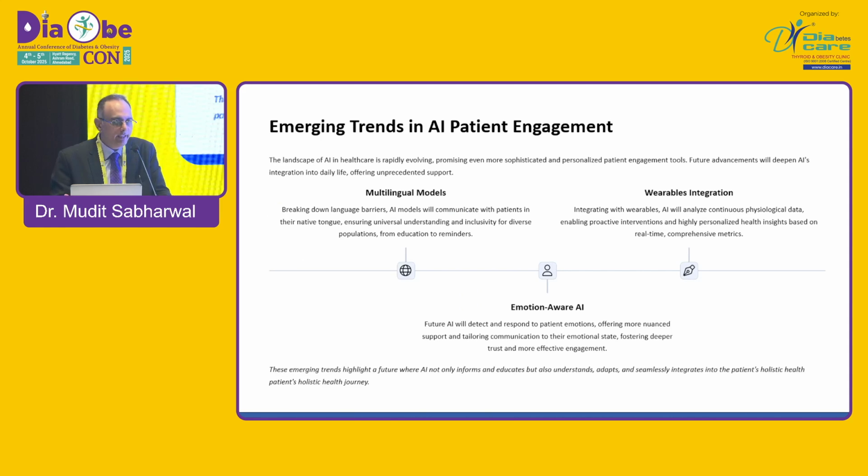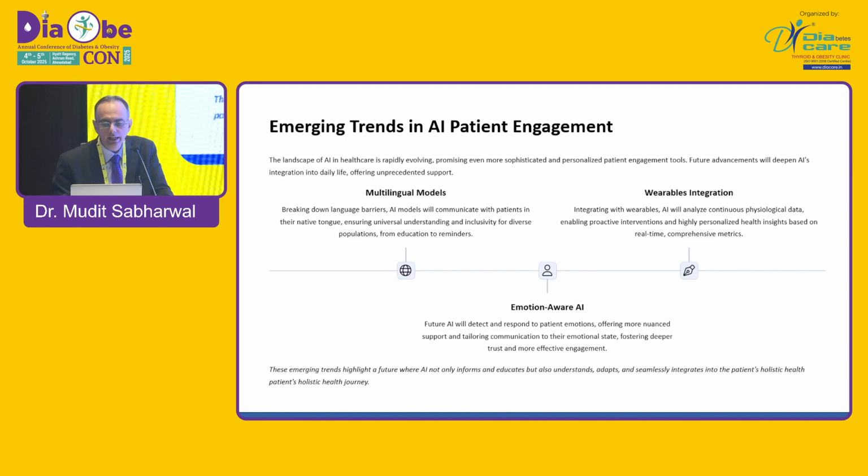Now there are some emerging trends. So of course there are multilingual models. Some of them are already there, and some of them are developing into better ones, which can talk in the native tongue of the patient, making it more understandable for the patients. There is wearable integration.